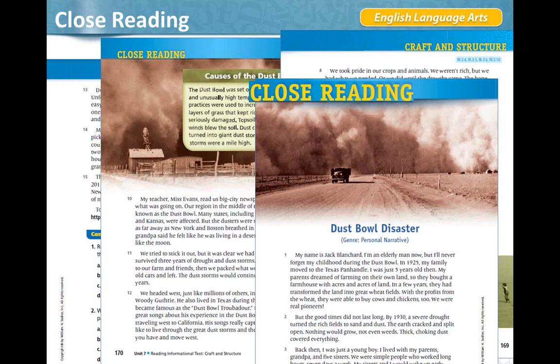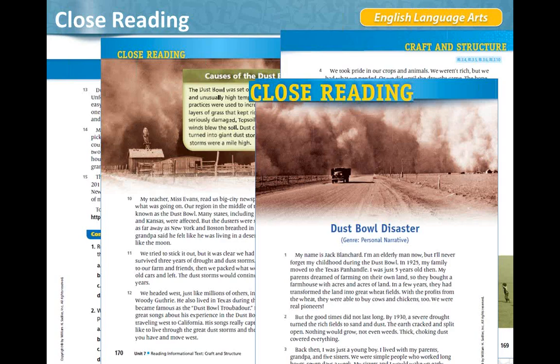What I love about this particular text here is that we're in the informational text unit of craft and structure, and we learned about natural disasters from extreme weather. And back in our history, in the social studies area, we have a natural disaster called the Dust Bowl.